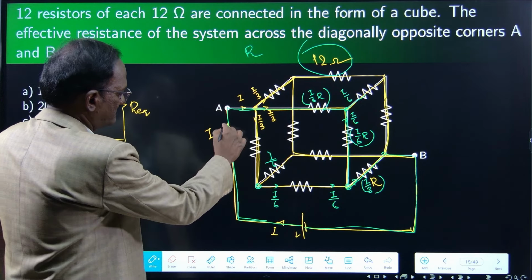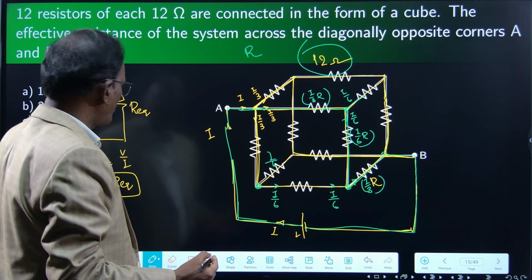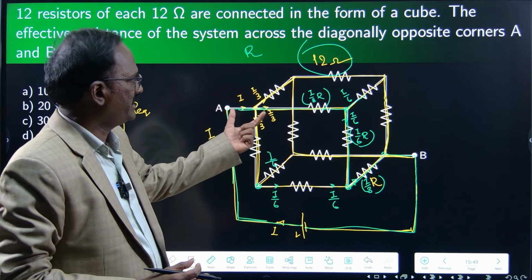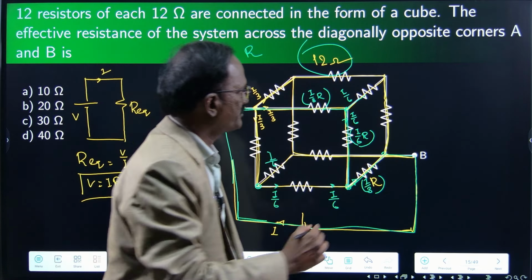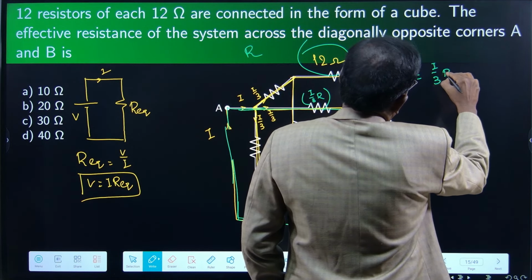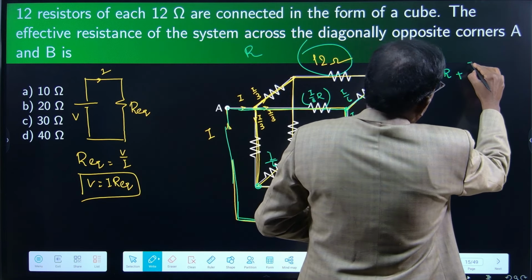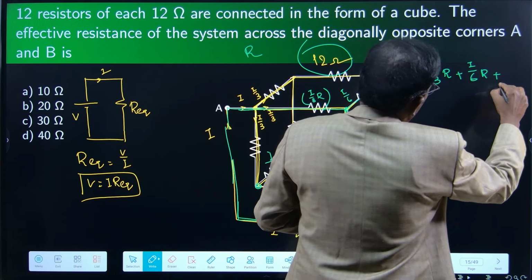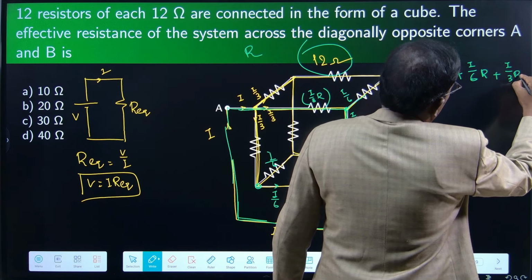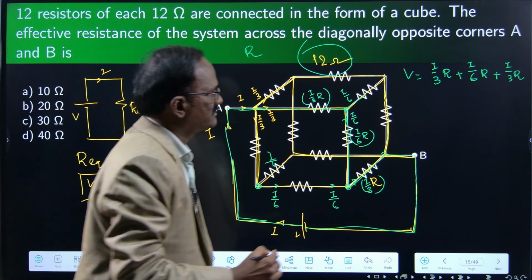In the entire circuit, if you write Kirchhoff's voltage law, the applied voltage will be equal to the sum of all voltage drops. So V is equal to I by 3 R, first voltage drop, plus I by 6 R, second voltage drop, plus I by 3 R, third voltage drop. This V I am going to replace with I into R equivalent.